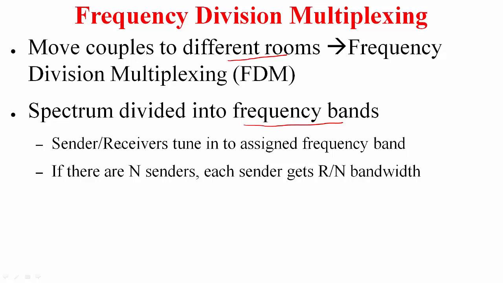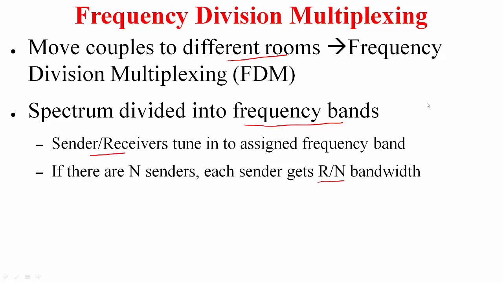Notice that I'm saying sender as well as receiver here. Here the receiver also has to tune in to the assigned frequency band, otherwise it cannot receive. So in lot of the other networking protocols, this condition doesn't arise. Only the sender is allocated the resource, but in frequency division multiplexing, both the sender and the receiver have to be assigned to the same frequency band.